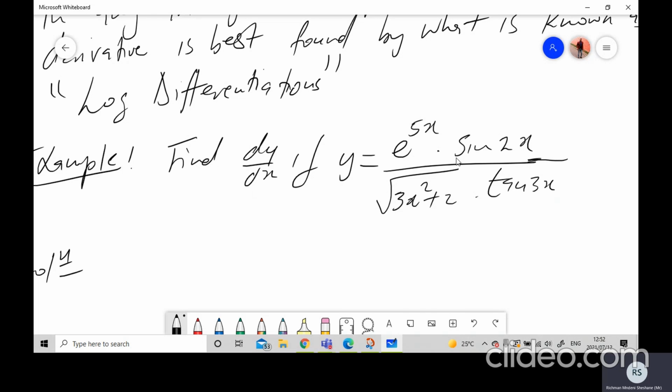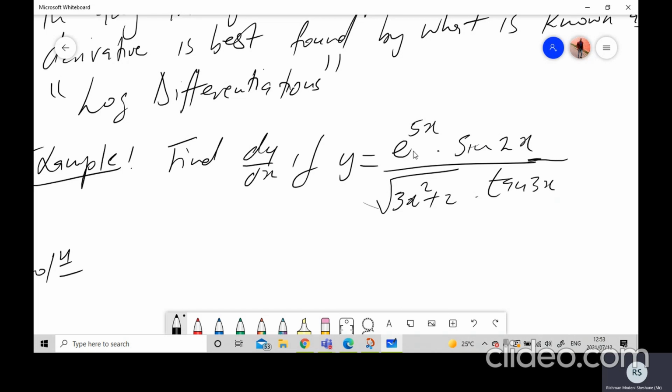Someone can think of using the quotient rule because it's a function over a function. If you follow the quotient rule, it is the derivative of the numerator while we leave the denominator. But when you're finding the derivative of the numerator, you have to apply the product rule because the numerator is a product of two functions.